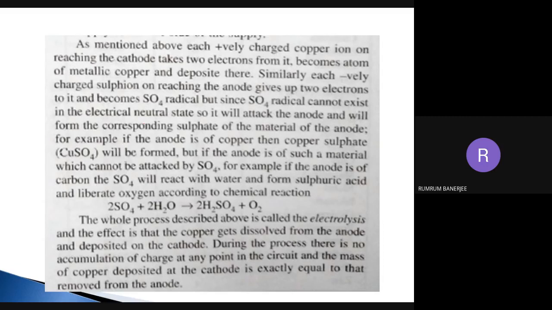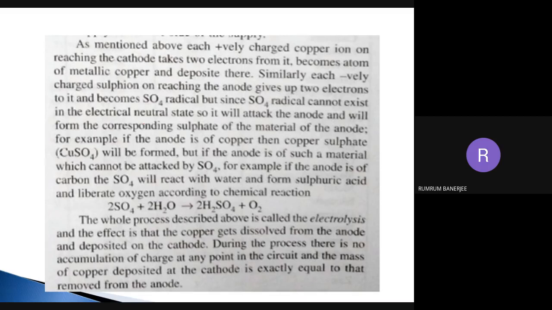But if the anode is of such a material which cannot be attacked by SO4, for example carbon, the SO4 will react with water and form sulfuric acid and liberate oxygen according to the chemical reaction 2SO4 plus 2H2O equals 2H2SO4 plus O2.